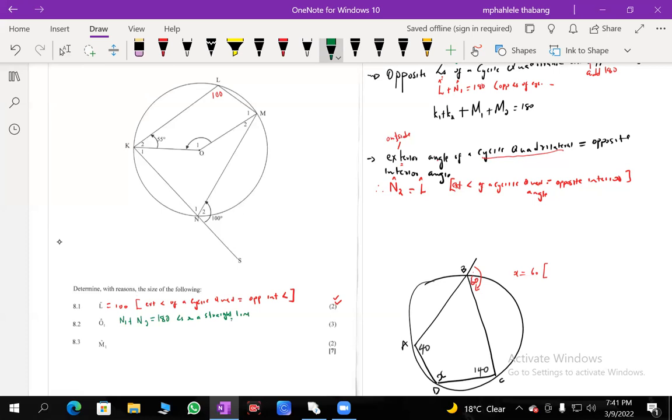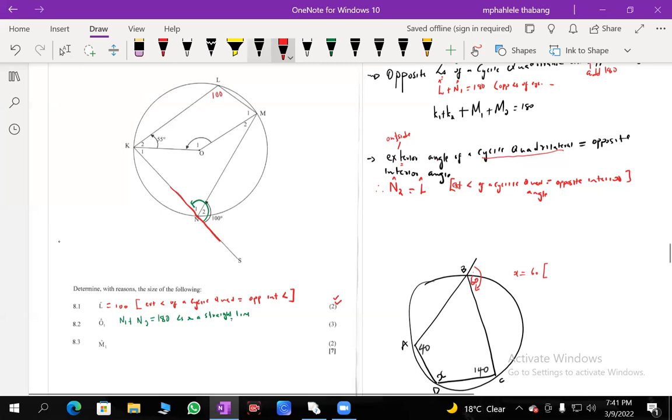If we look at angle N2 and angle N1, they are on the straight line, this line. So they should add up to 180 degrees.